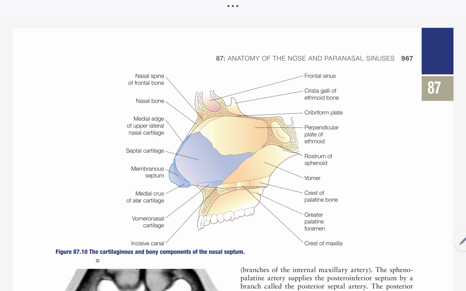Figure 87.1. The cartilaginous and bony components of the nasal septum.